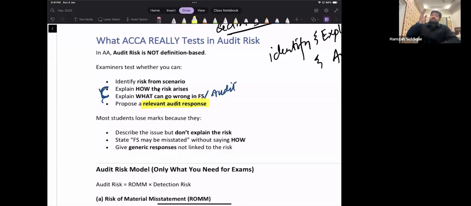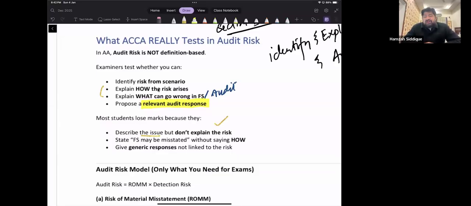So students normally lose marks. Why? For the first part, today the whole topic is this basically. They identify the issue, but don't explain the risk.